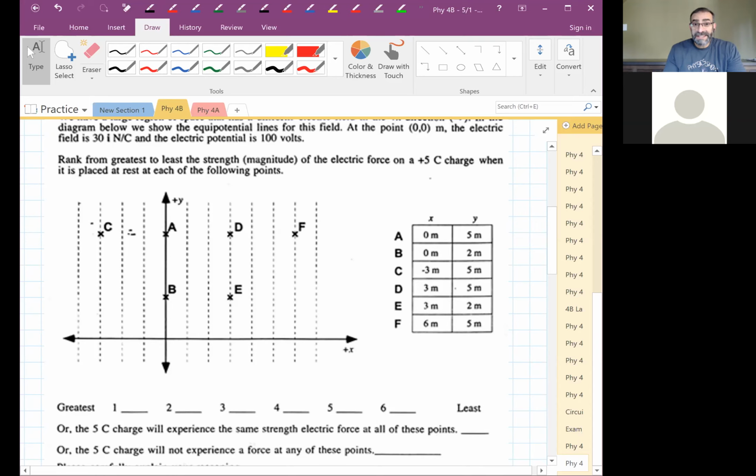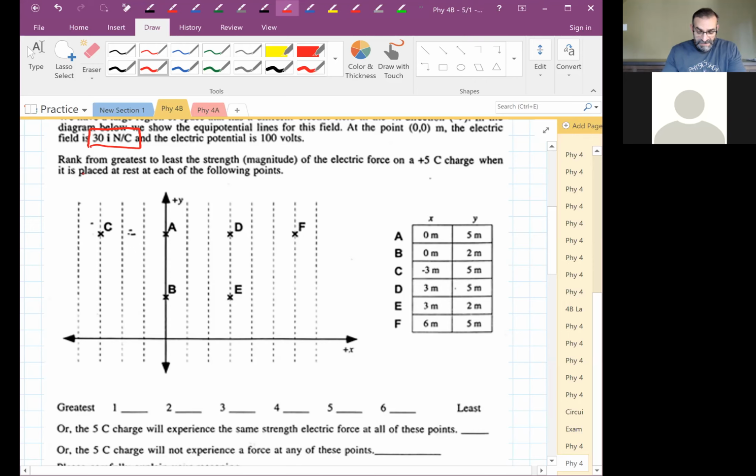I'm starting you off with the easy question. What's the electric field at the origin? 30.